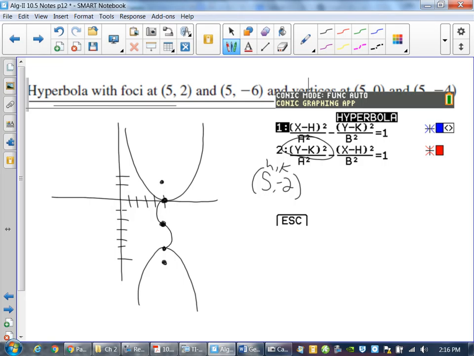So my A value is 2. The center to the focus is the C value. How far was that? 4. So C squared is A squared plus B squared.